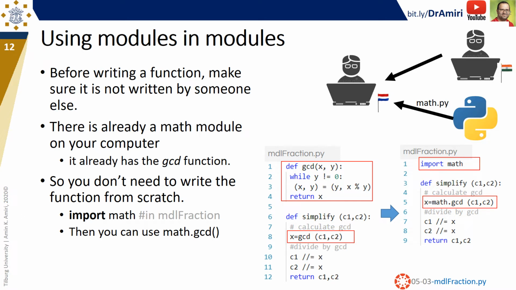So even your module, the module that is created by a backend programmer, can use a module that is created by another programmer, which for the sake of this presentation we call the Indian programmer.